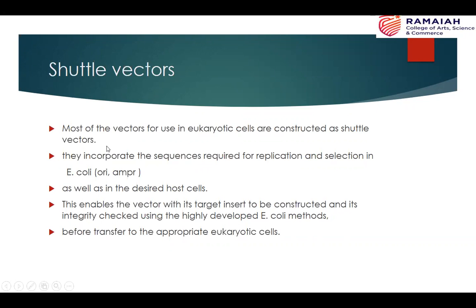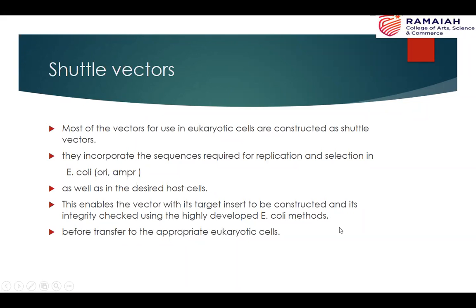So these shuttle vectors include two types of sequences. One type are the sequences which are required for replication and selection in E. coli. Since it has the sequences for replication and selection in E. coli, these vectors enable the construction of the recombinant DNA molecule, and its integrity can be checked using E. coli methods.